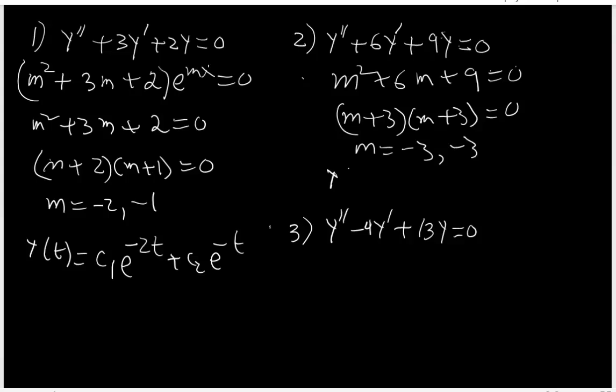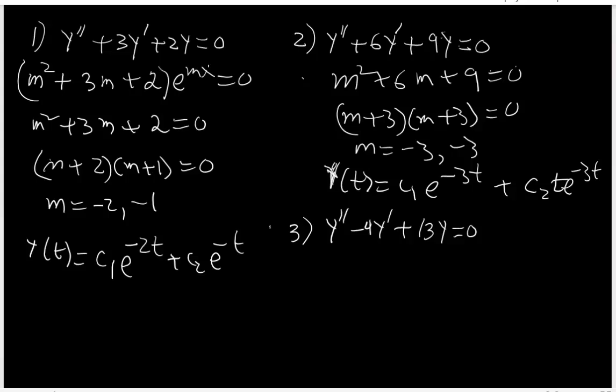When you write the solution y(t), that will be c1 e to the -3t plus c2 e to the -3t. If you try to write it like this, then c1 and c2 will be combined, and it doesn't work that way since we have repeated roots. So we put a t here, or you can put t in with c1, it doesn't matter. So we got this solution when the roots are repeated.